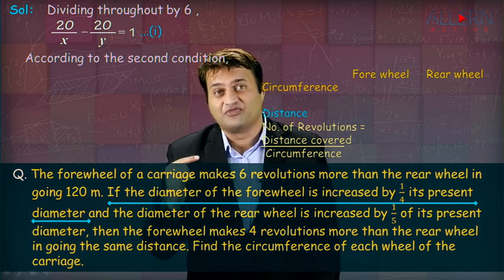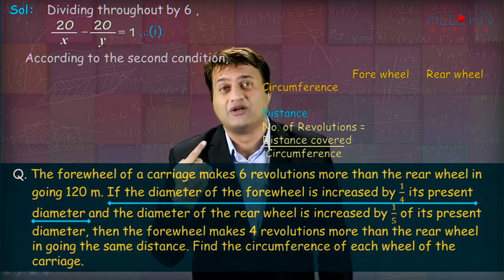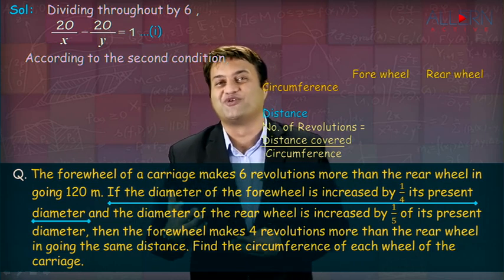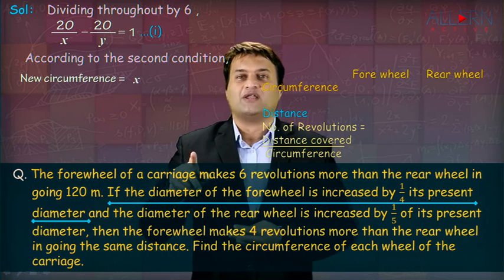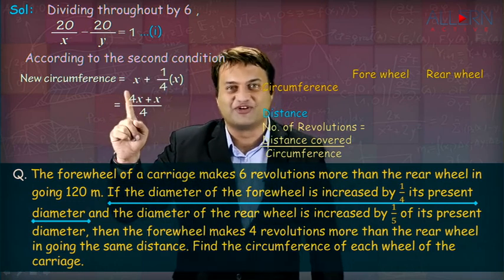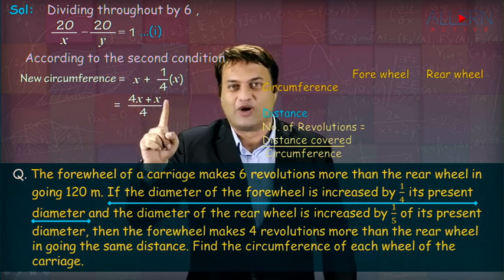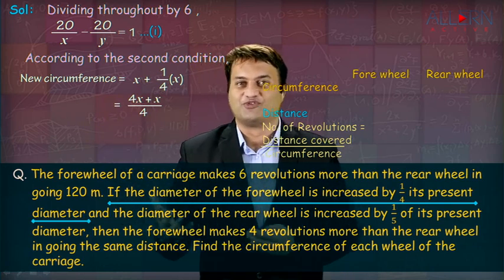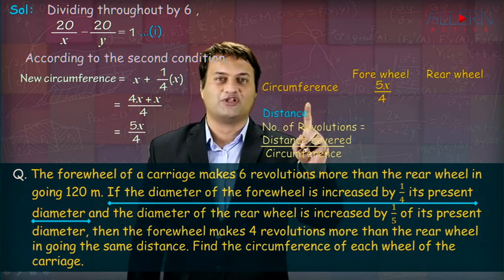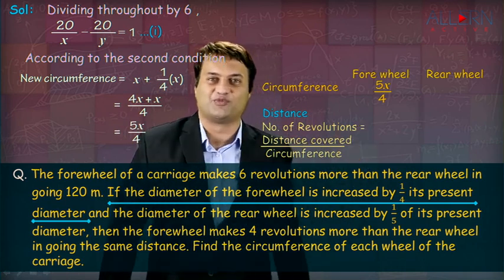What would be the new circumference of the forewheel? We have already studied. The new circumference will be x plus 1/4 of x. X is the original circumference, increases by 1/4, so the new will be x plus 1 upon 4x. We get 4x plus x upon 4, that's 5x upon 4. So the new circumference of the forewheel is 5x upon 4.